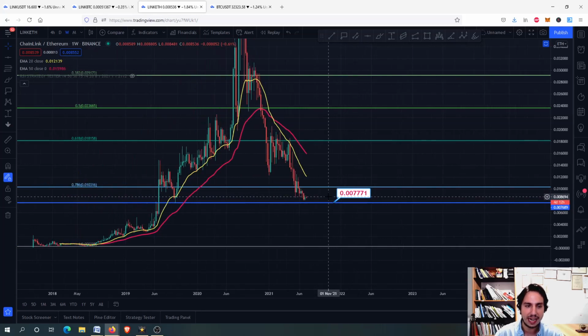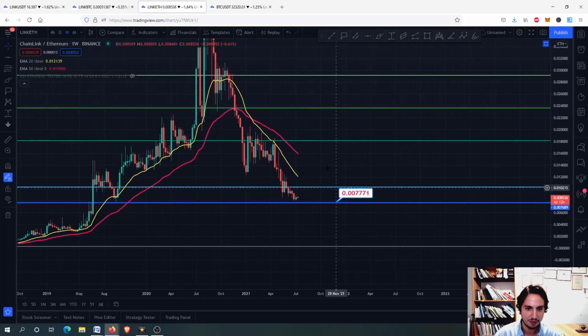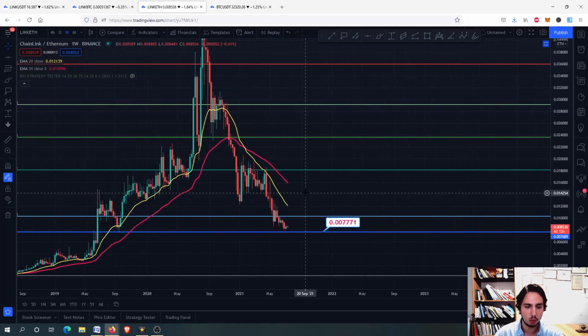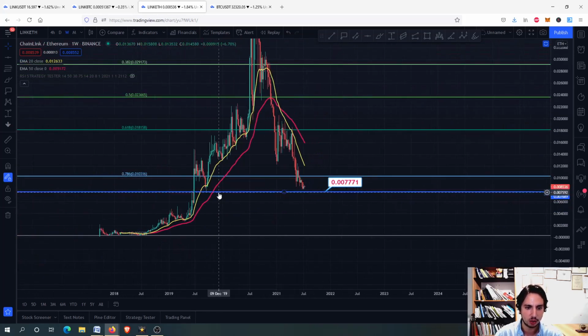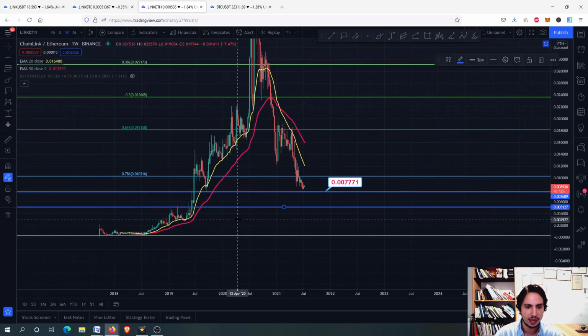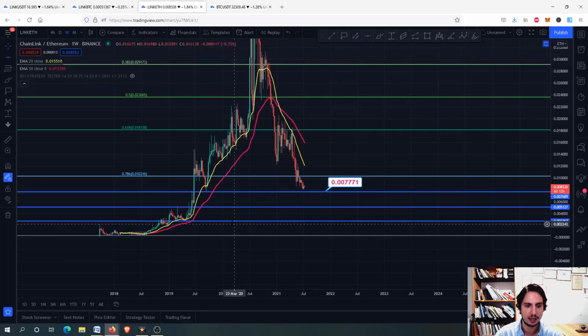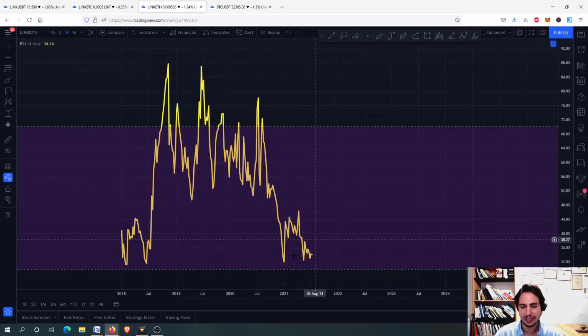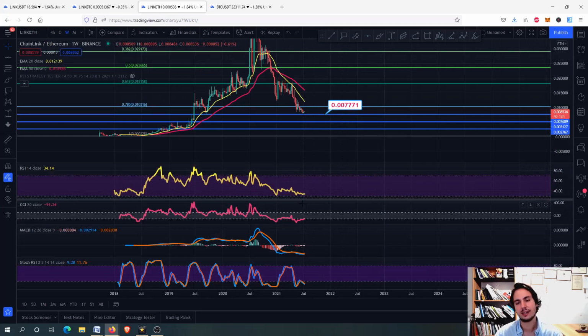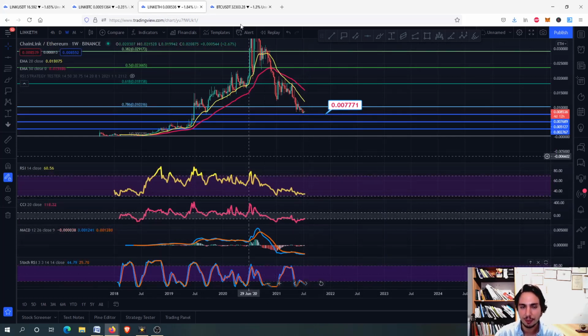So I believe, guys, Chainlink against Ethereum will have soon a pump up towards the high. I don't believe that we can go further and further down. If we go further and further down, then we have this price support level right here, maybe this one, lower support levels. According to the RSI, we can correct even more, but we are in a critical oversold situation for many indicators here, many risk metrics.